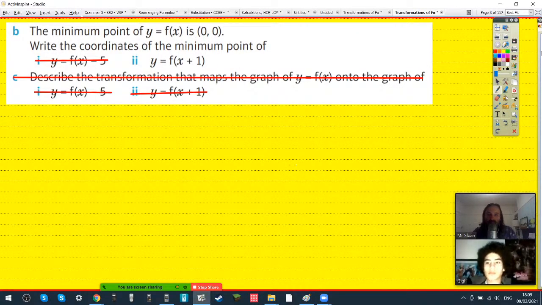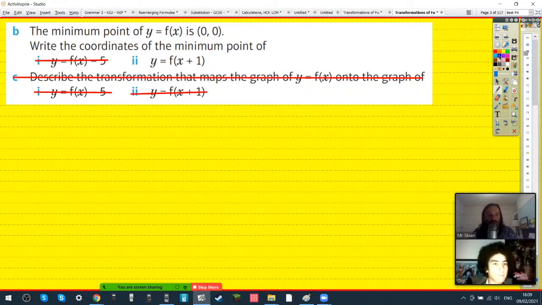Okay, so let's try this one. y equals f of x, find the coordinates of the minimum point of y equals f of x plus 1. So what would you do? x minus 1.